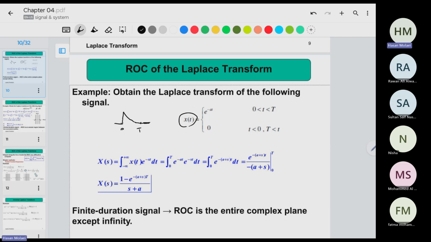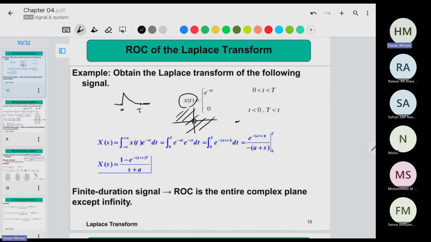Since its duration is limited in time, we expect its ROC would be the whole s-plane except, perhaps, 1 over infinity. We should investigate which one, or maybe both of them.